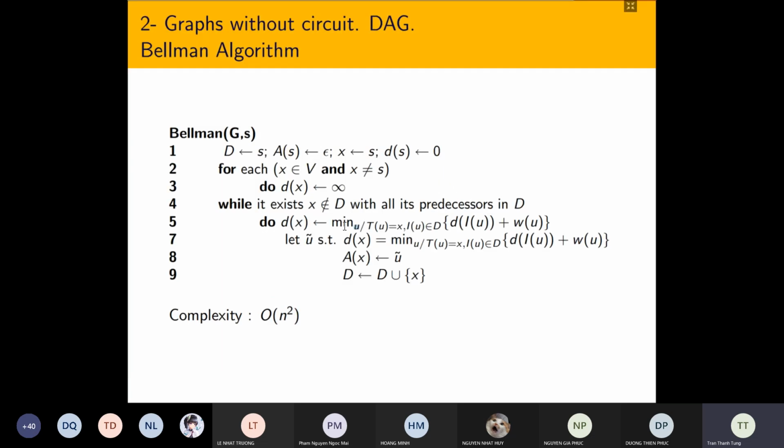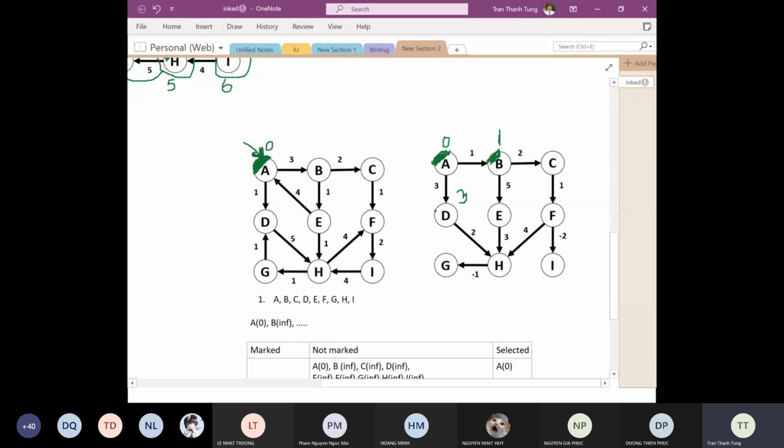After we take that, we include x into the marked set. So we say we consider B and D. Now for the next one, where C goes out from D and B, we mark it like 3, and this one only 1.